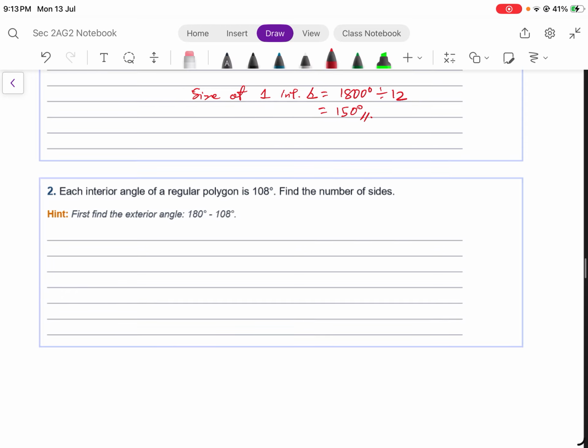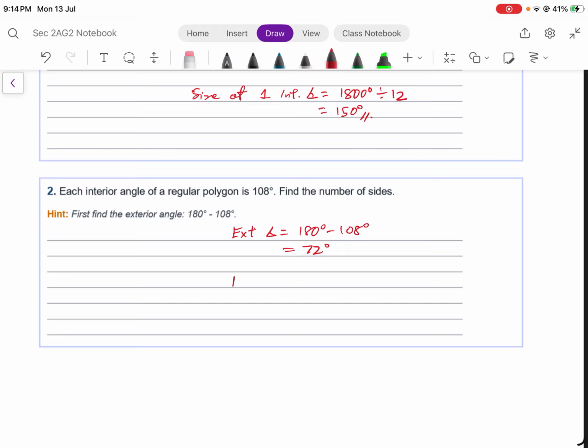Now, they tell you that each interior angle of a regular polygon is 108. Find the number of sides. Following the previous example, we need to find the exterior angle. So the exterior angle is 180 minus 108, which gives me 72 degrees. We know that the total of exterior angles is 360, right?